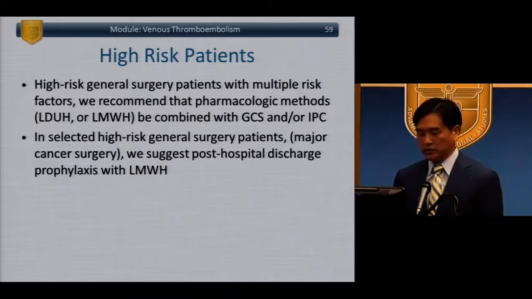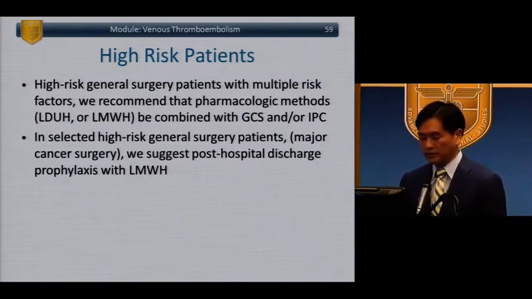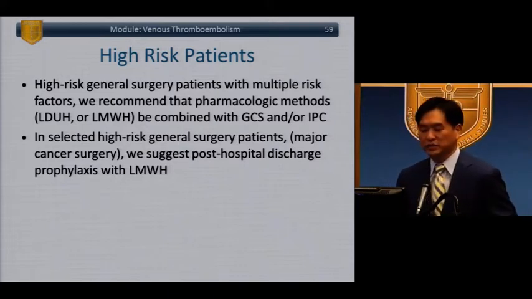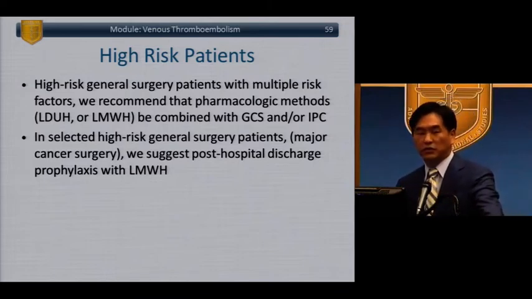Okay, this is also from CHEST. In selected high-risk general surgery patients, major cancer, we suggest post-hospital discharge. So that's in there. I think it's generally recommended. I don't think it's made it to a standard at this point. We might recommend against the use of aspirin for prophylaxis of VTEs.